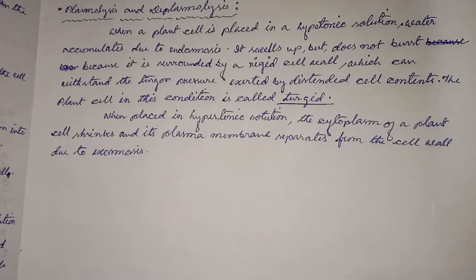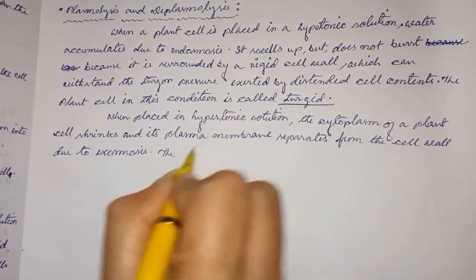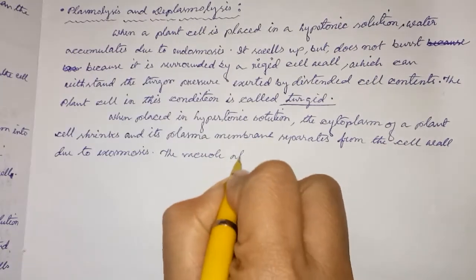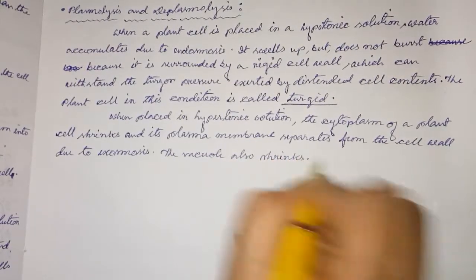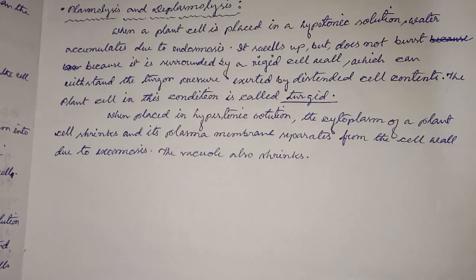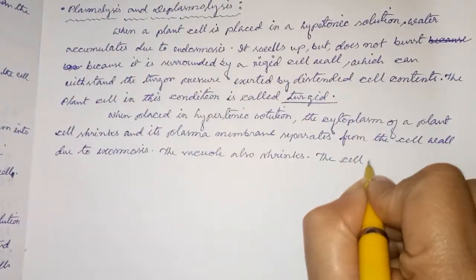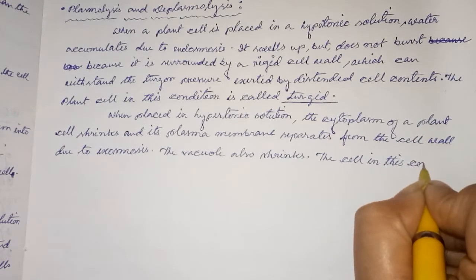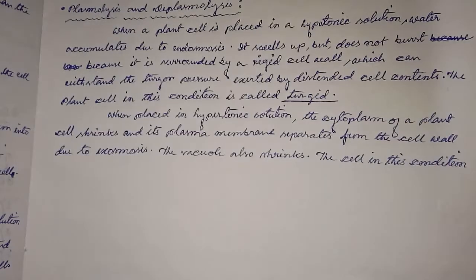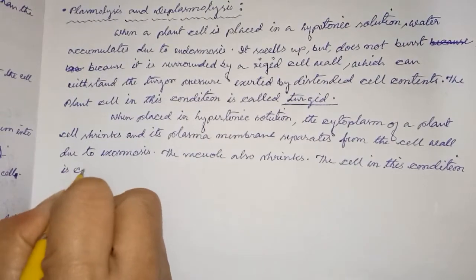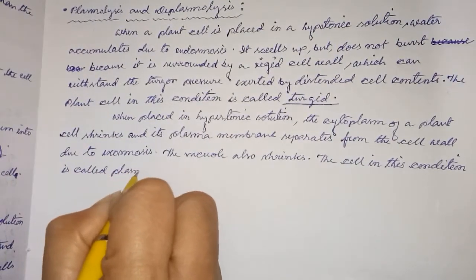The vacuole also shrinks. The cell in this condition, not the cell wall, only the cell, is called plasmolysed.